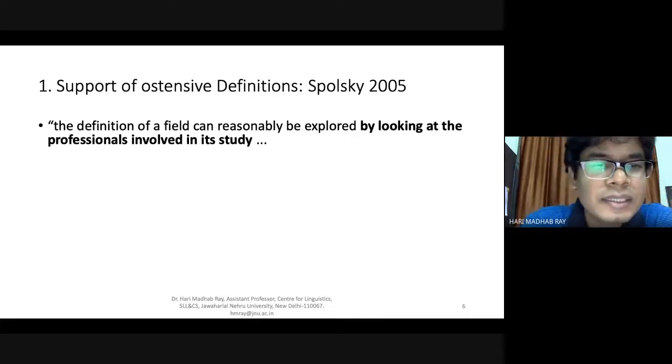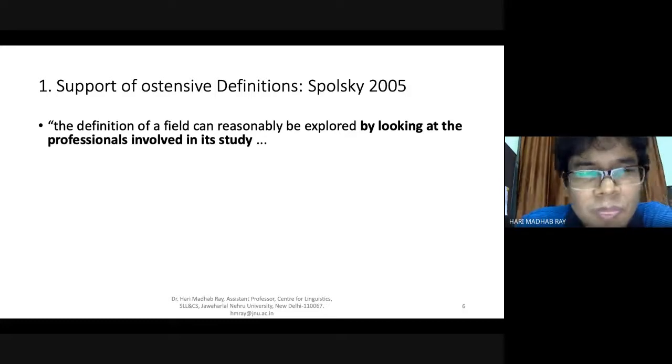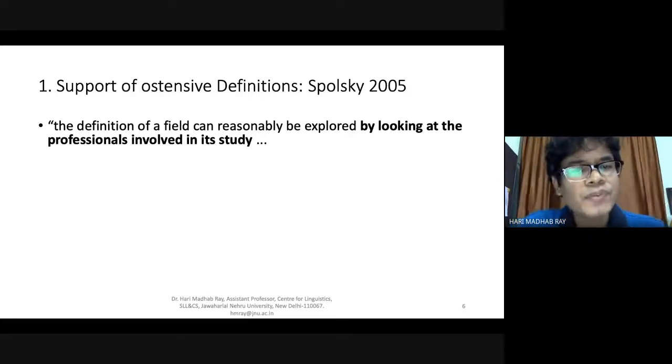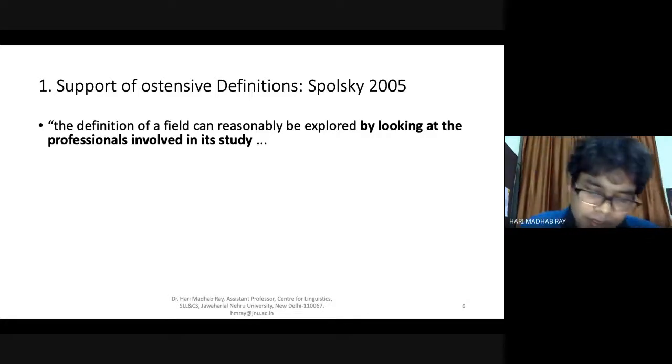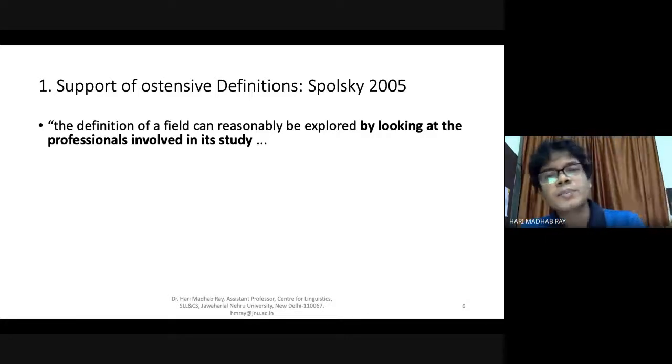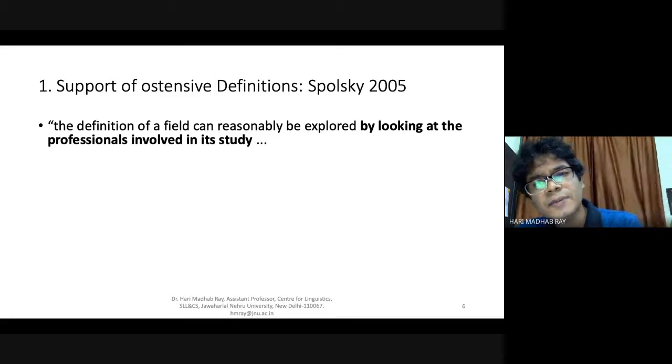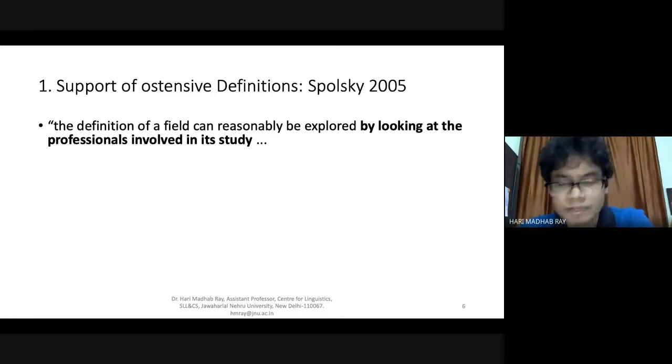But before that, Spolsky says the definition of a field can reasonably be explored by looking at the professionals involved in its study. So how do we know that this is applied linguistics? Why not look at the professionals involved in its study?